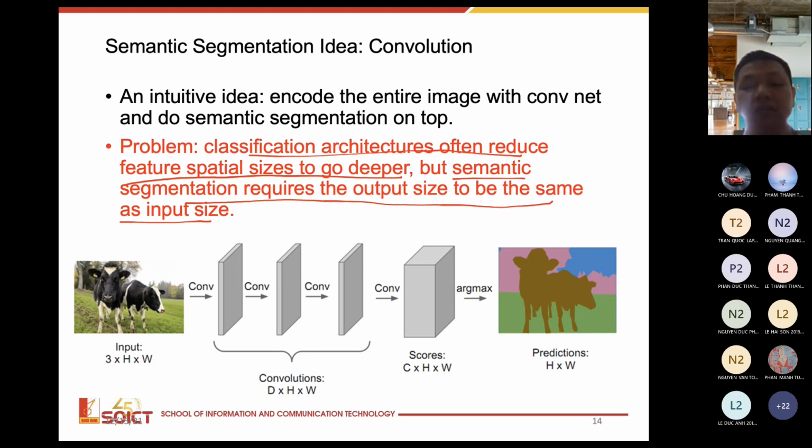In a typical convolutional neural network that we used in the previous lesson, after a number of convolution layers, the activation map has a smaller size than the input image. So the idea here is to somehow use a convolutional network, but still keep the size of the activation map the same as the size of the input image.